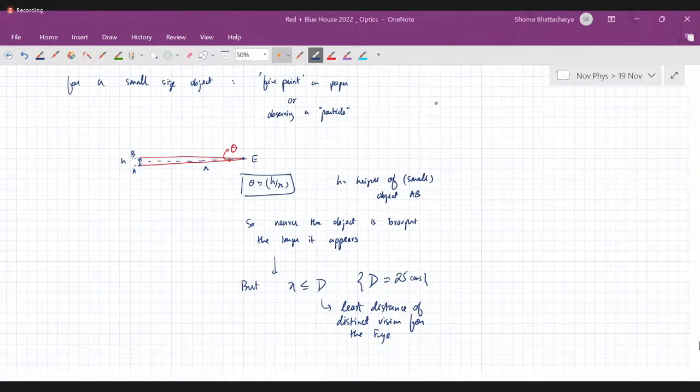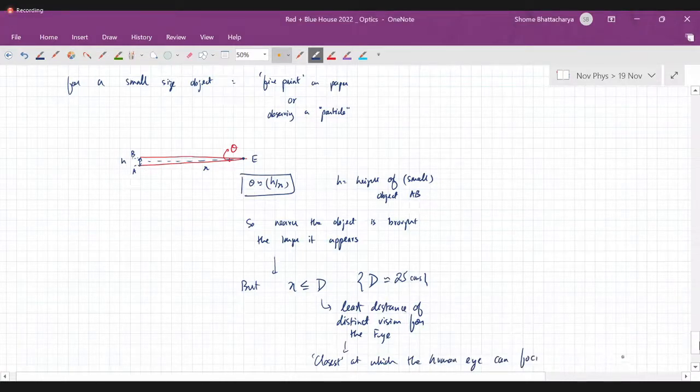This is the closest at which the human eye can successfully focus the image on its retina. Bring it any closer and the image cannot be focused properly on the retina. So the vision is not proper. It will appear blurry, not like a sharp image.